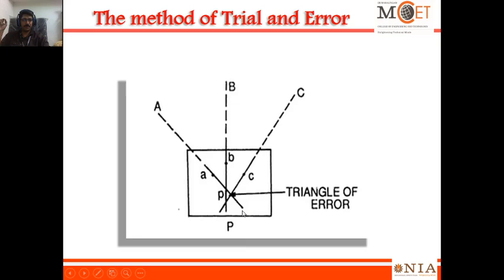If it is big, our position is too wrong, and we have to move from that. Here also, if the triangle of error is such that you have to move this way or this way, repeat the same procedure till the triangle of error gets closed. The only way is trial and error, right? The same procedure is explained.